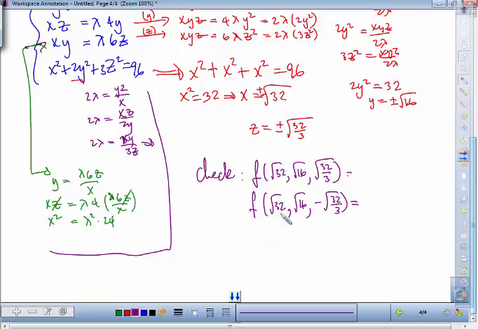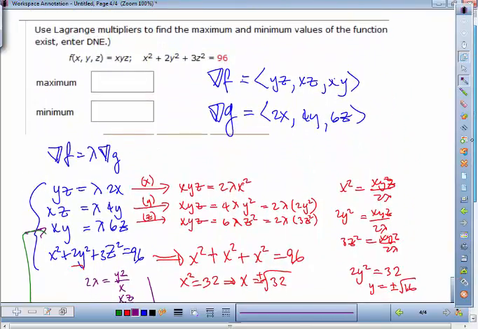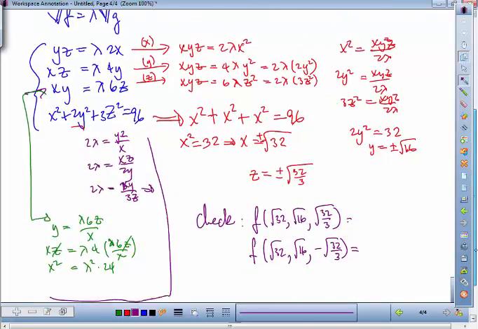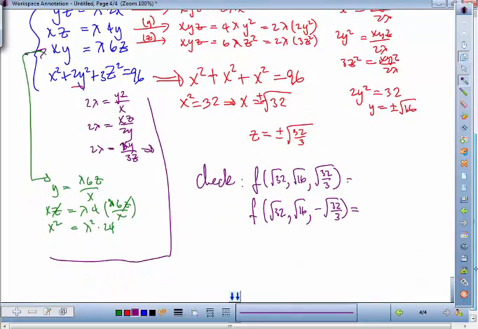So plus, minus. When you square them, because that's what you're going to do, it's going to come out to be positive anyways, right? Wait, you square them? It's what? Oh, yeah, sure.